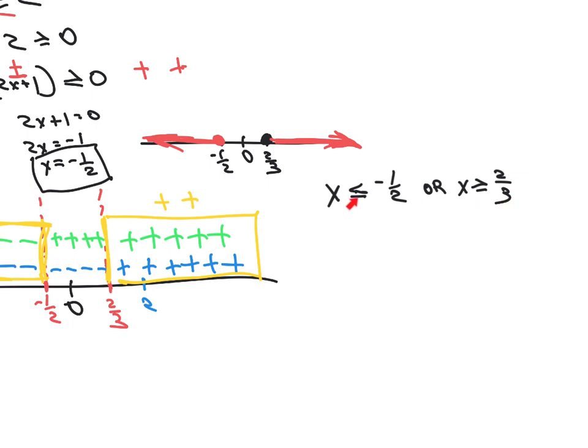Okay, so this is actually the answer you're going to want to come up with. X is less than or equal to negative 1/2, because see, our red line shows me all the numbers that work for that. X is greater than or equal to 2/3, all the numbers to the right into infinity. So this is going to be the answer that you want to come up with.